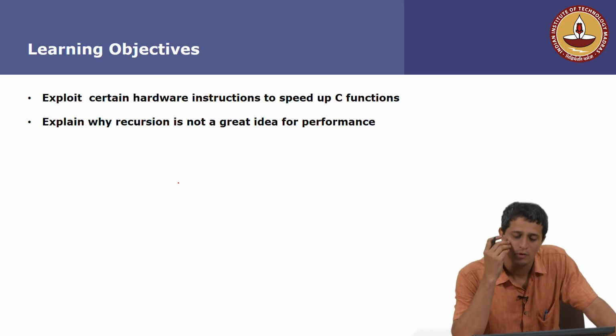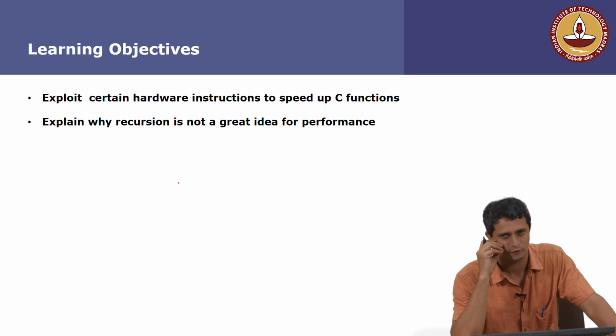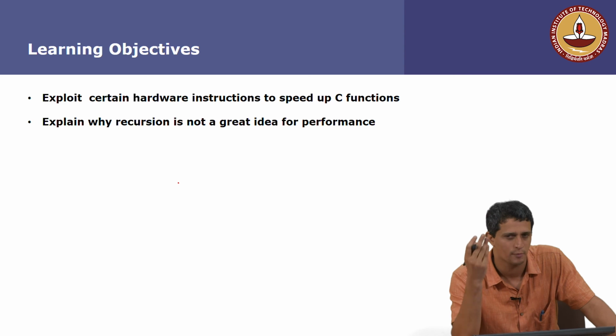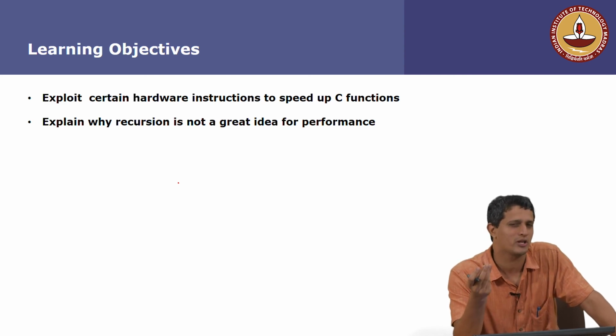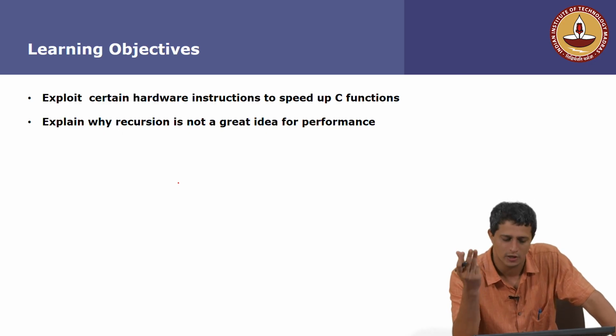And then we wanted to look at why recursion is not a great idea for performance. Even there we saw that the prologue and epilogue and function parameter passing is a significant overhead to the instruction that you eventually want to implement in the function, and therefore it's not a great idea to do recursion when performance is important.